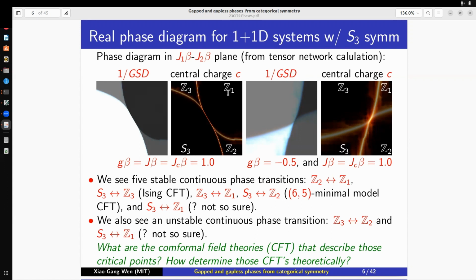Yes. Between Z3 and Z1 and between S3 and Z2, the line looks dashed with these stripes. This stripe is an artifact of my computing; these are the pixels I chose. If I look very carefully, this graph has three colors. Each color channel represents a different size of the system.